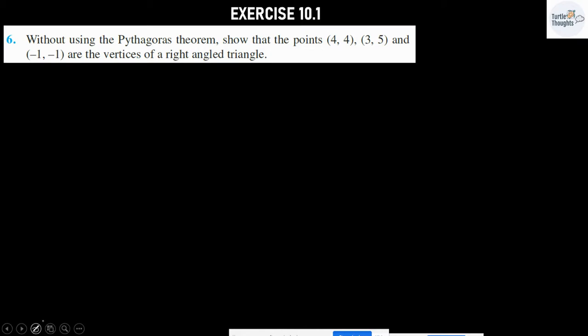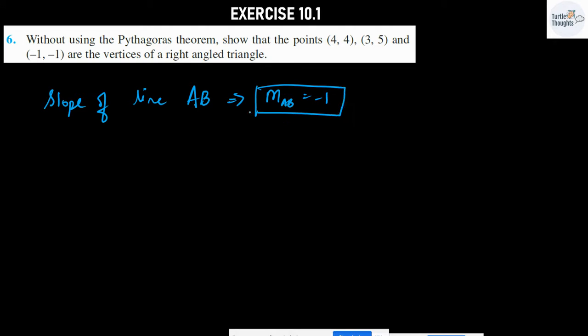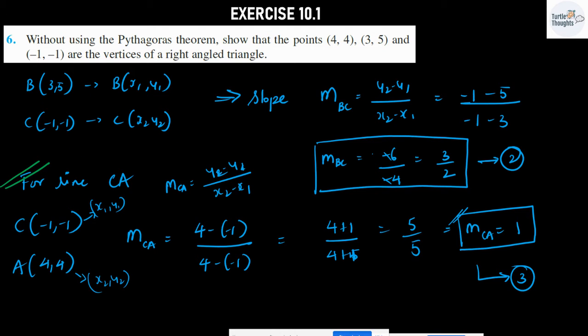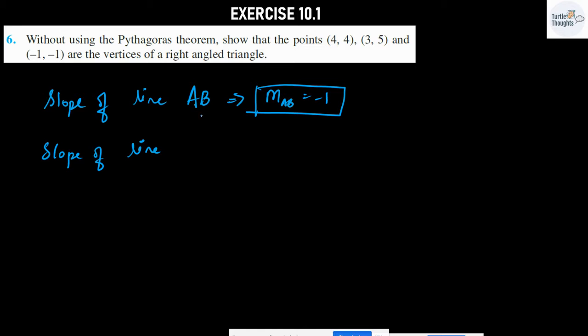So I can write over here that slope of the line AB is MAB, which I am getting as minus 1. Similarly, slope of the line CA.